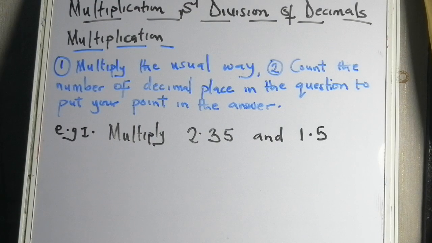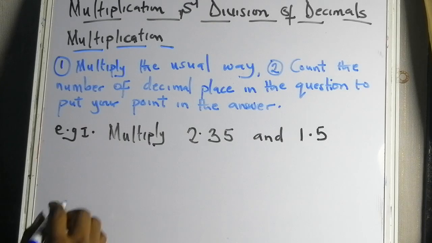I've given an example here, which is example 1. Multiply 2.35 and 1.5. Let's assume we do not have a calculator. So what do we do? First step, multiply the usual way.